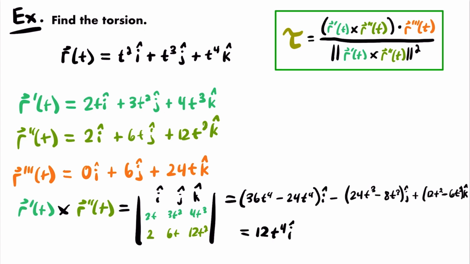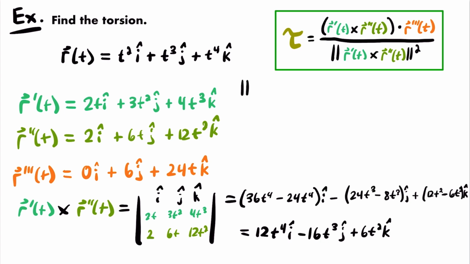Then you want to subtract the j term: 24t cubed minus 8t cubed gives you 16t cubed, but we are subtracting it, so we have minus 16t cubed times j. And finally for the k term, 12t squared minus 6t squared is 6t squared, so we have plus 6t squared times k. All right, so that's the cross product vector. Now let's calculate its magnitude.